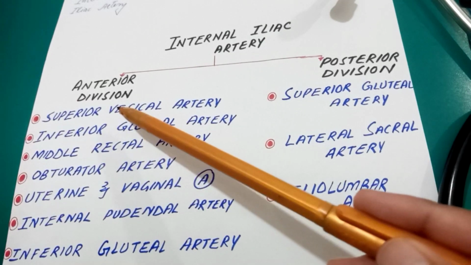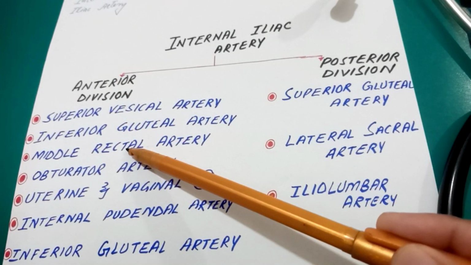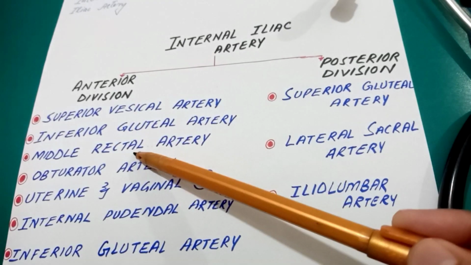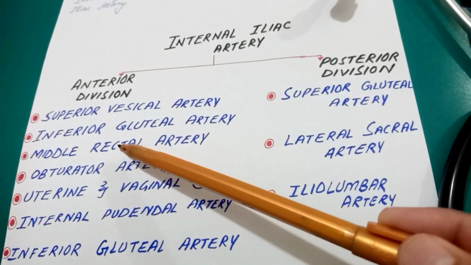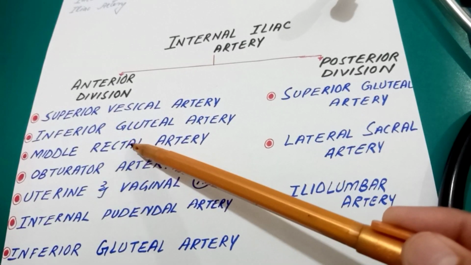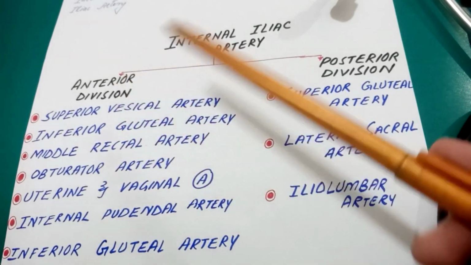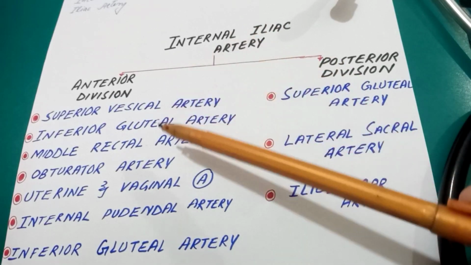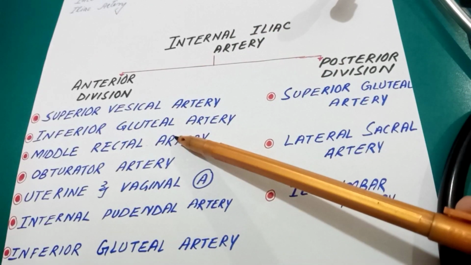So superior vesical artery, inferior vesical artery, middle rectal artery. As you know, the superior rectal artery, which supplies the major part of the rectum, is a branch of inferior mesenteric artery, and this middle rectal artery is a branch of internal iliac artery. This is a very important MCQ, and it's often asked in many vivas.